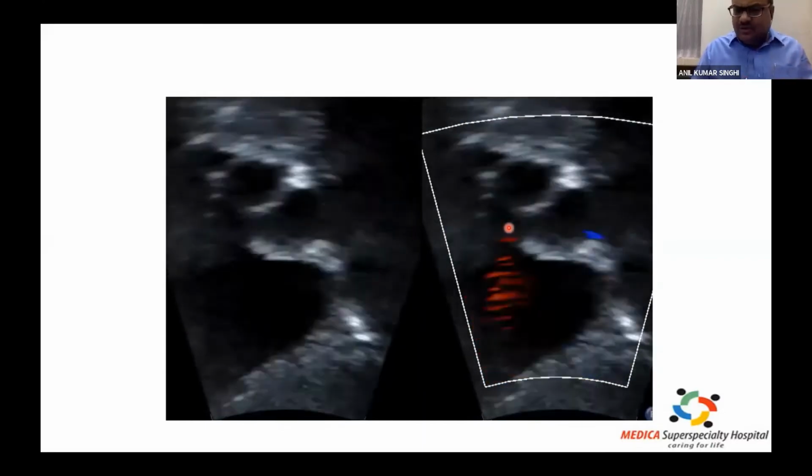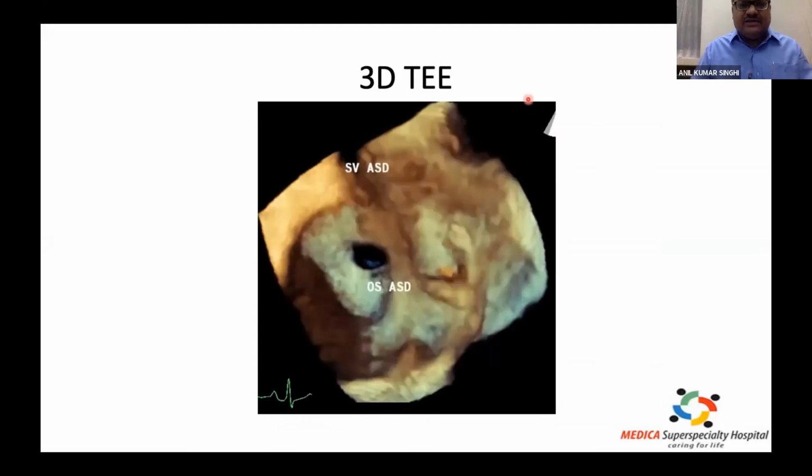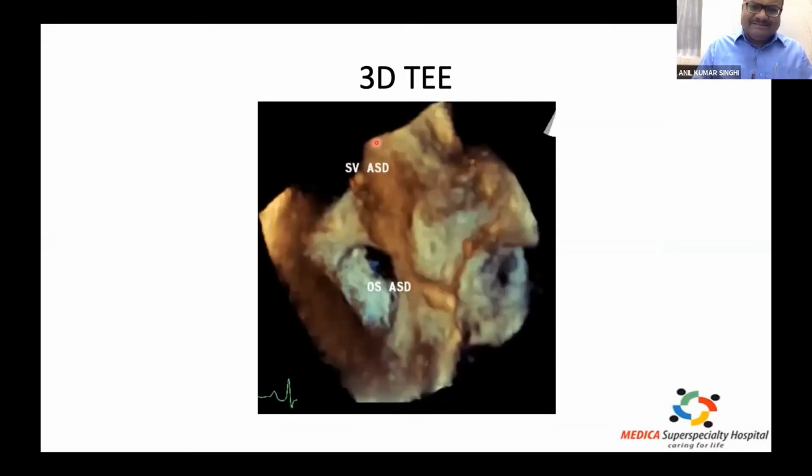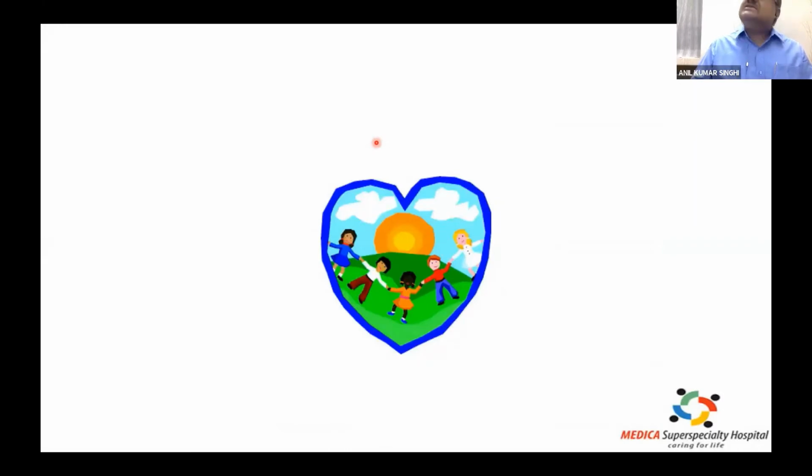TEE helped to reach the diagnosis, and finally you can appreciate this in three-dimensional TEE. This is superior, this is inferior. We are seeing from the RA side, this is the secundum ASD, and this is the sinus venosus ASD. So this interrogation helped completely change the direction of the treatment.